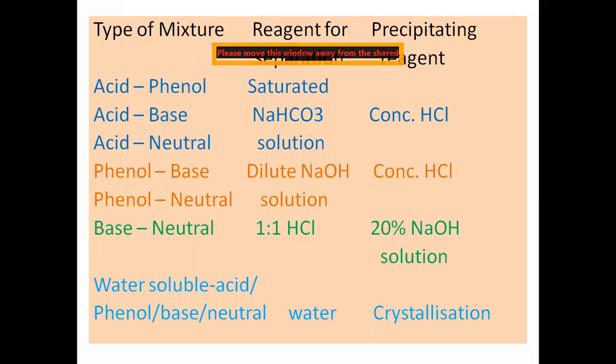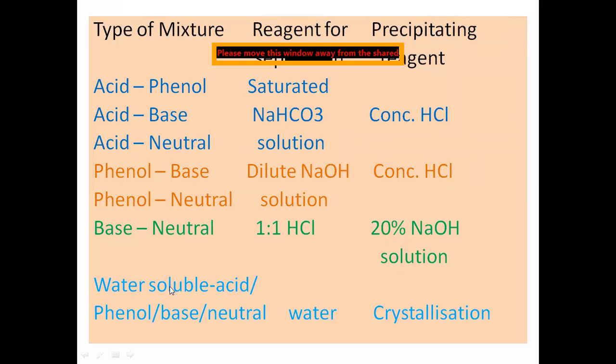The second compound will remain on the filter paper, and in the filtrate you will get the other compound, which you will regenerate by adding the precipitating reagent. In that way you will do it. Now for the base neutral, 1:1 HCl, then 20% NaOH solution.